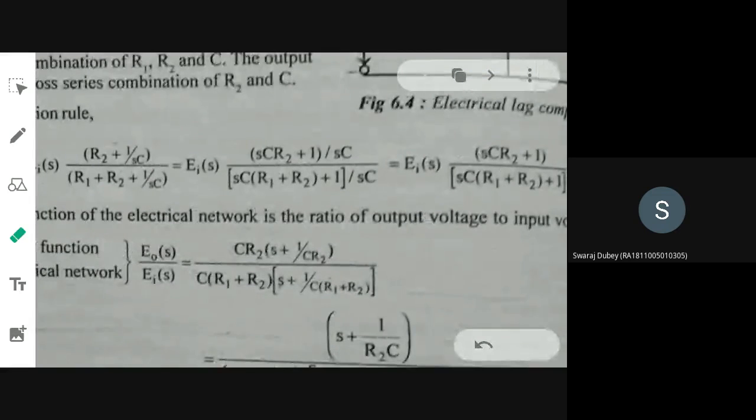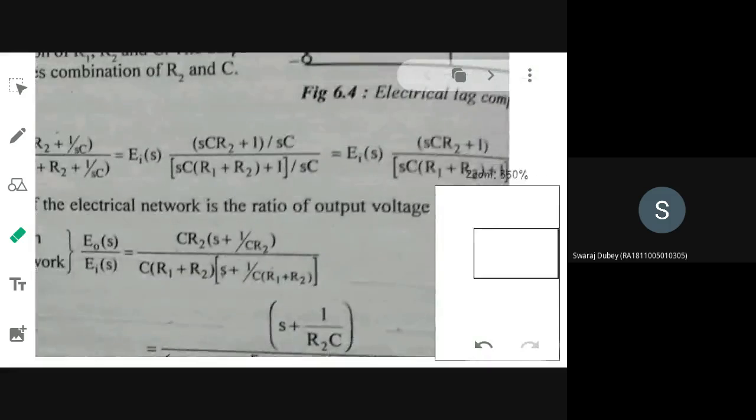Okay. So as usual, I am taking the LCM for this equation. It will become (SCR2 plus 1) divided by (SC(R1 plus R2) plus 1). That SC will get cancelled.